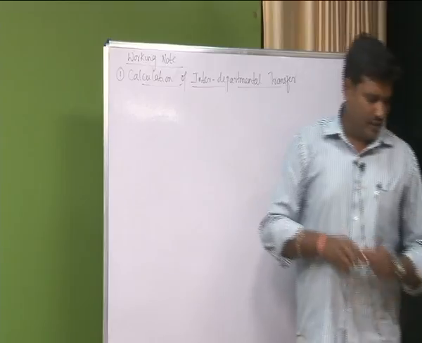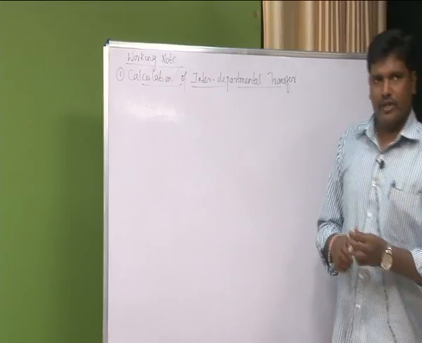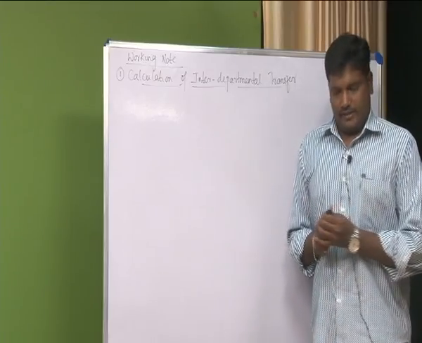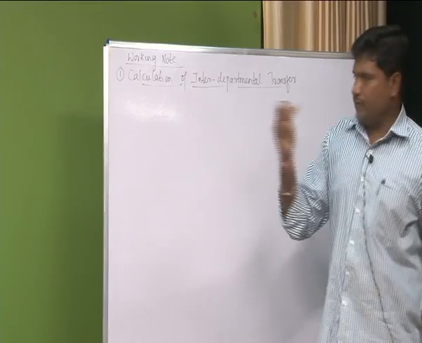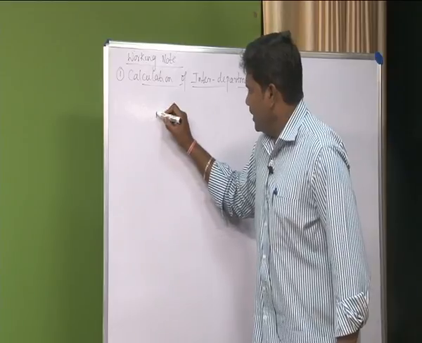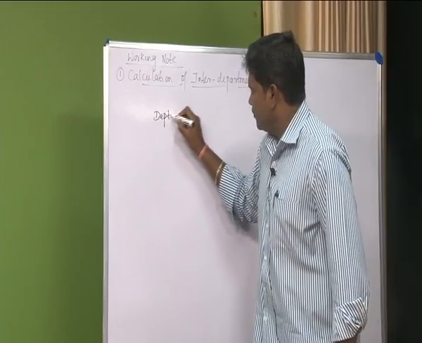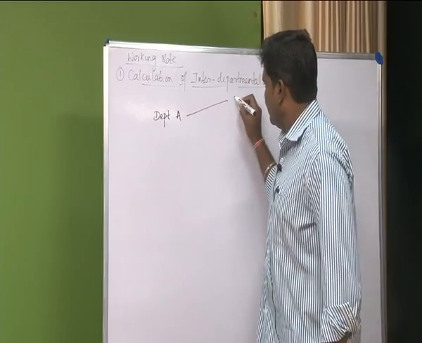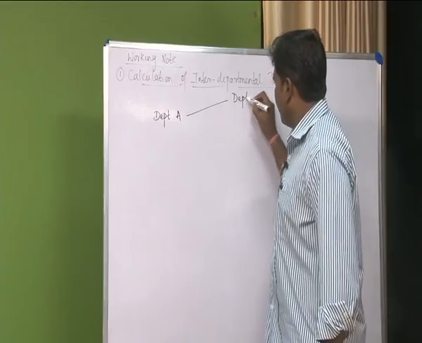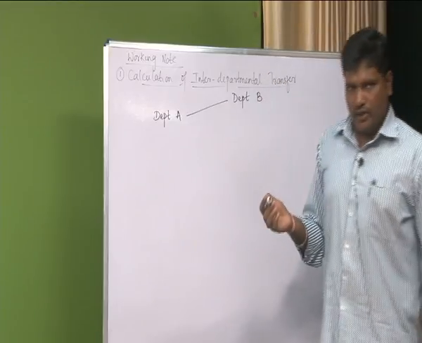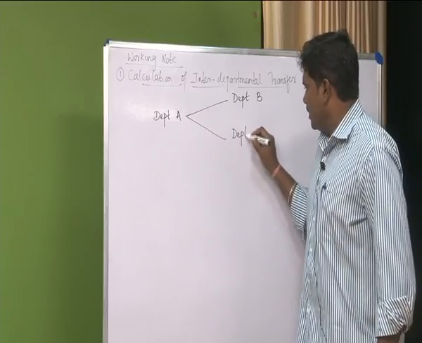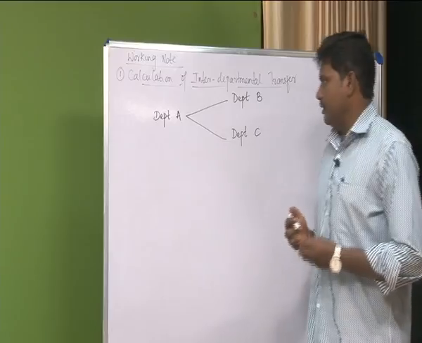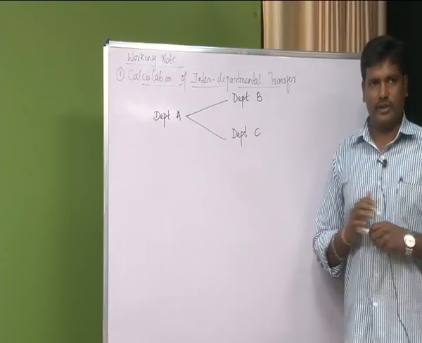As I told you in the last class, my dear students, in this problem goods are transferred from Department A to Department B, and also goods transferred from Department A to Department C. This is the concept.